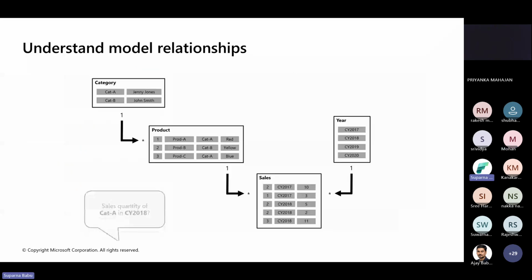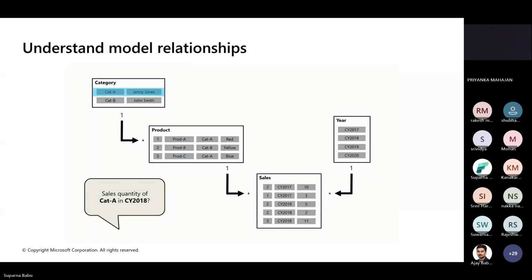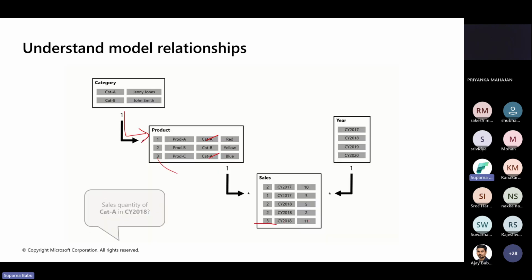Now let's see what's happening here. The understanding of model relationship. Let me tell you. Let's say there is a category dimension, and the relationship is one to many here. Then in this product table, we have category A, category A, category A. Next, for the sales, what is the common column? 3 and 3 here. So for this 3, we are getting this 11.